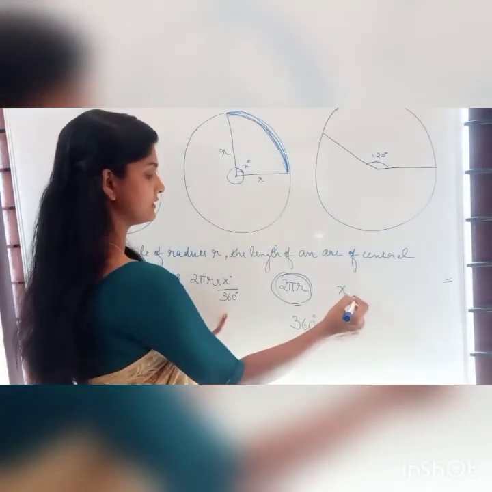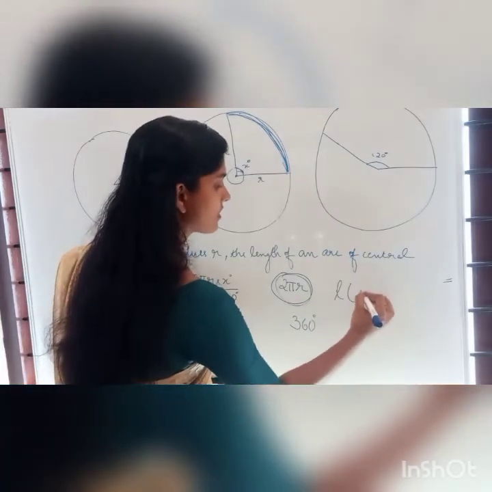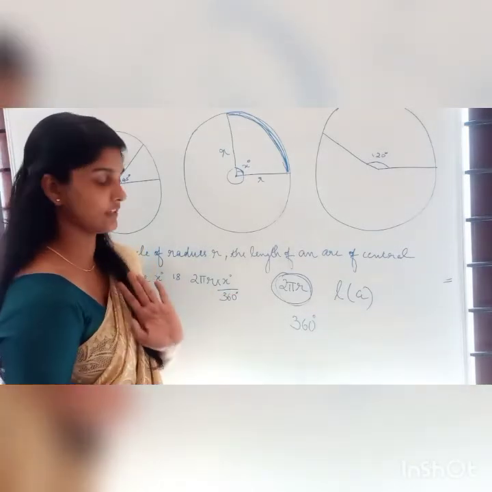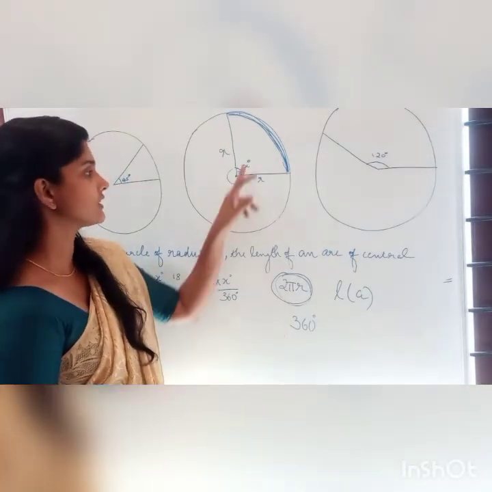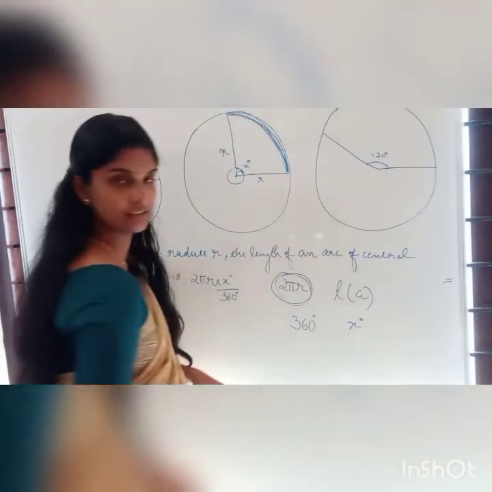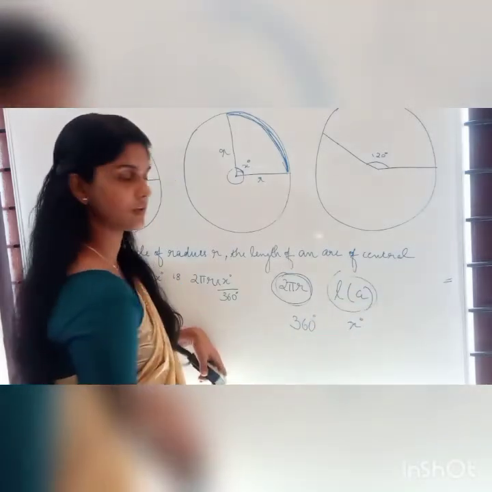Let us write it as length of the arc. We don't know, so we have to give it as length of the arc itself. Now, what is the degree over here? We know it as x degree, right? Now, how will you find this length of the arc from here?